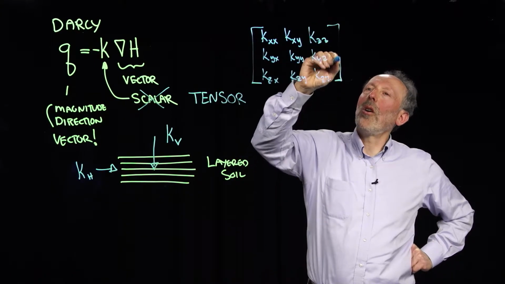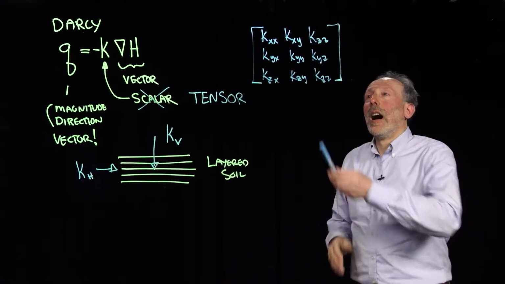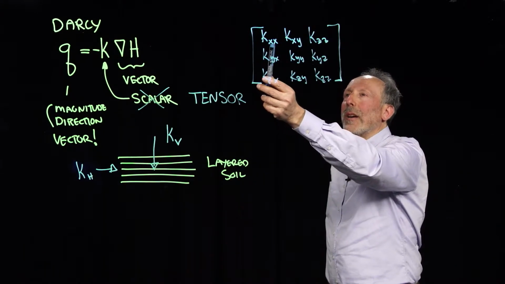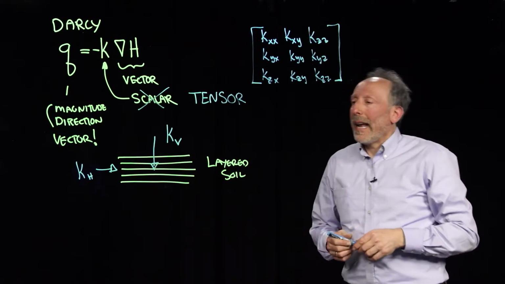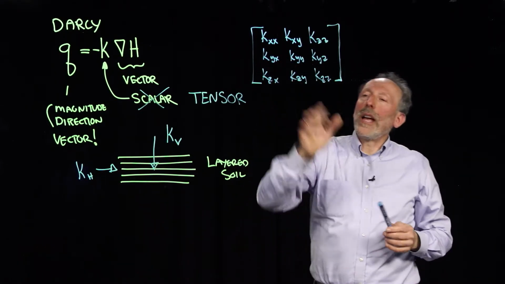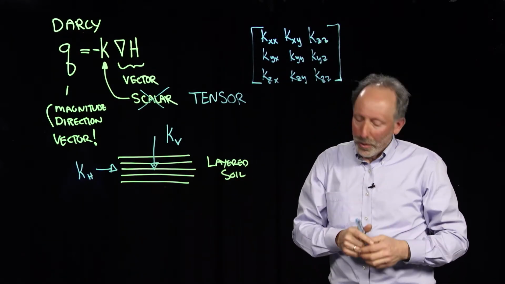Now we have all the information about the directionality of, if there were a gradient in the x direction, how much permeability would there be in that same direction? Now, this is a very general way to express all the different possibilities of water movement due to gradients.